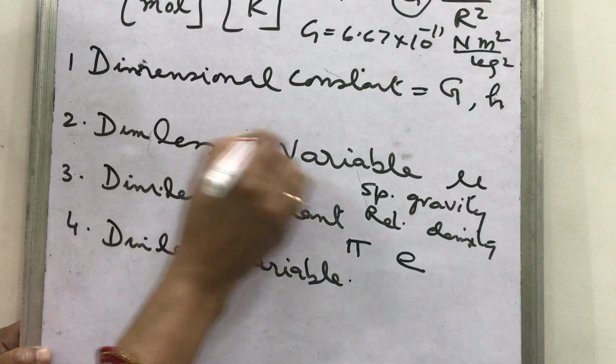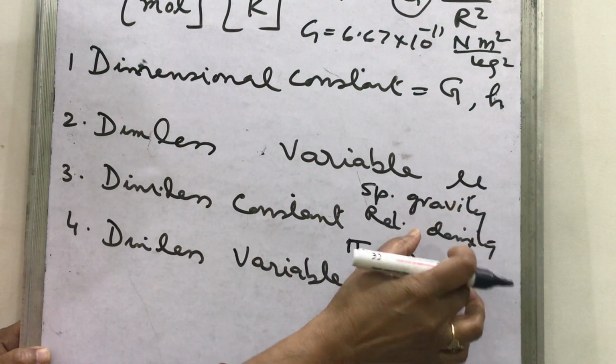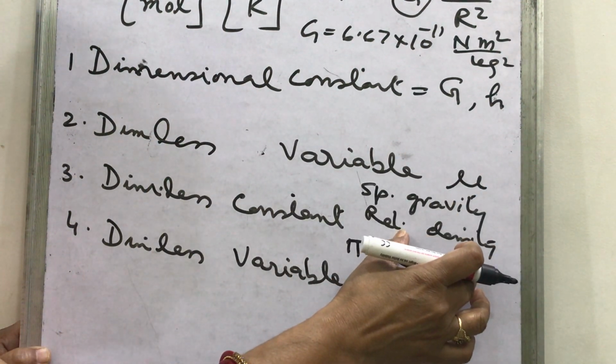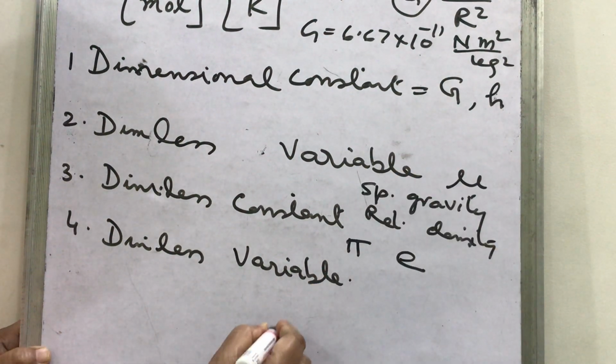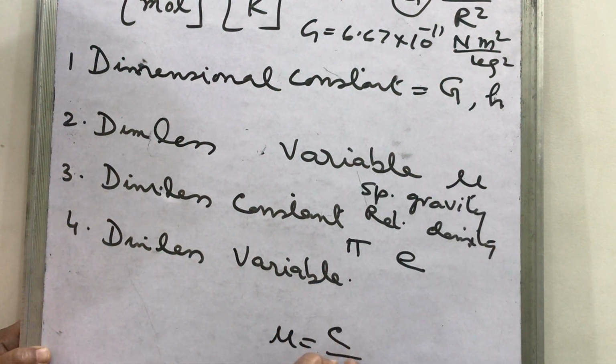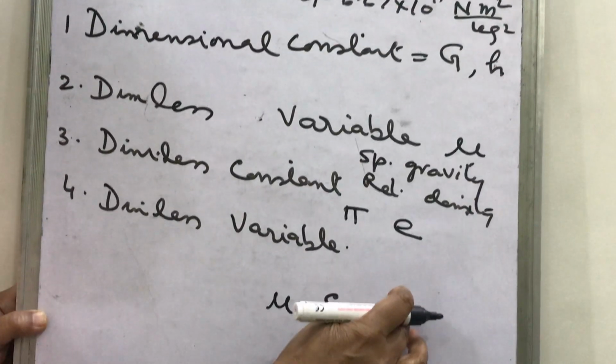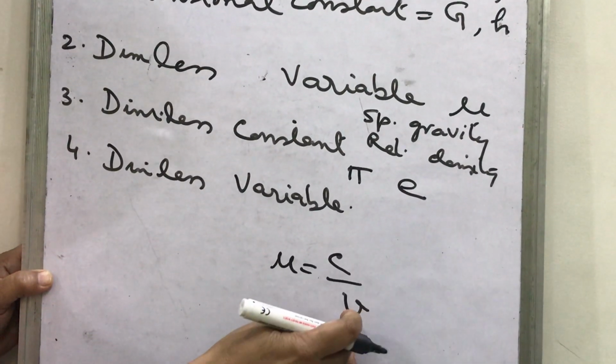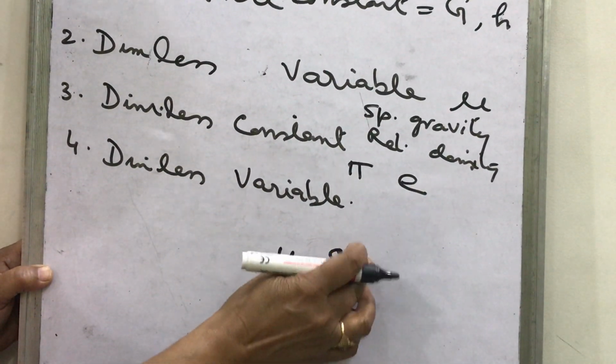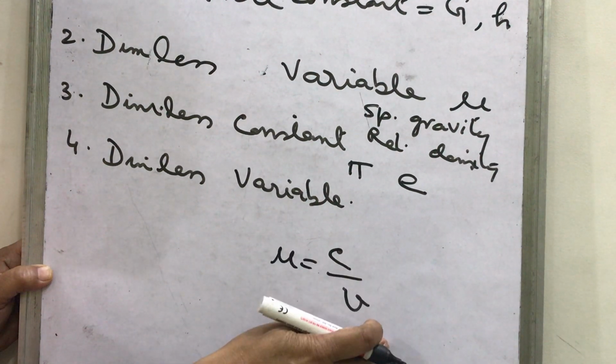Dimensionless variable. Why? Because mu, specific gravity, relative density, they will not have any dimension. What is mu? We have read mu equals c upon v, velocity of light in vacuum upon velocity of light in medium. So it doesn't have any unit, so no dimension.